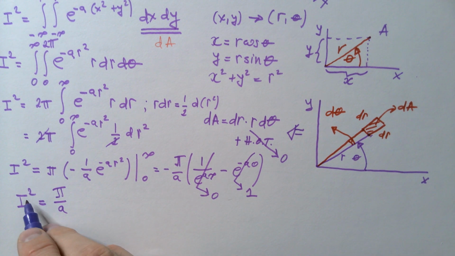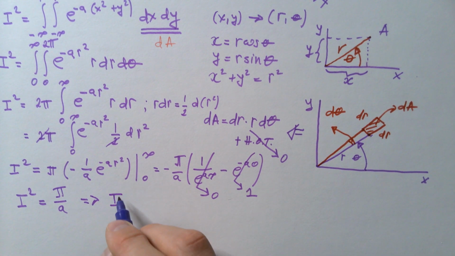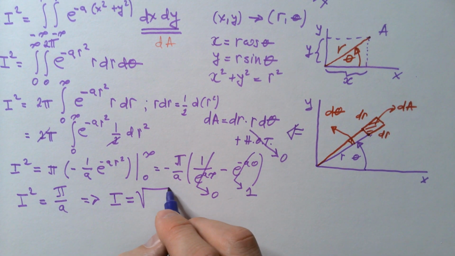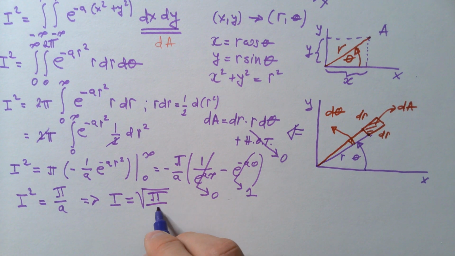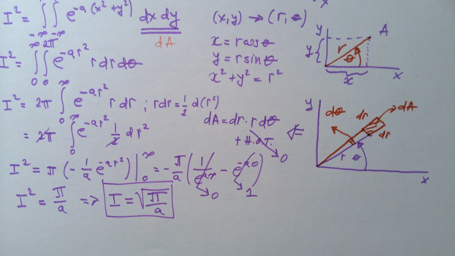But we are not interested in I squared, we are interested in I, which means that I is equal to the square root of pi divided by a. And this is the solution to the infamous Gaussian integral.